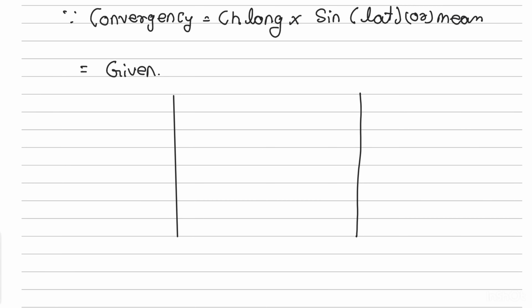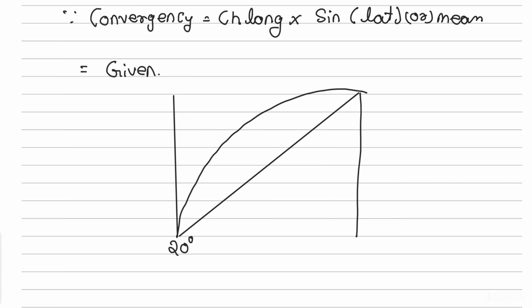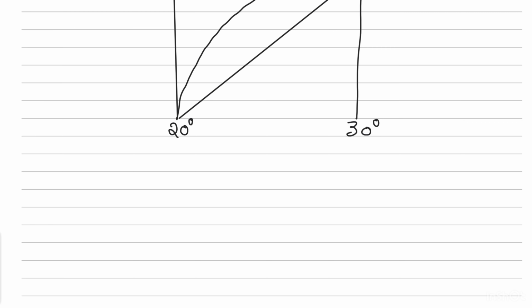So these are the two longitudes given to us. The convergency is on north, so the curve will be coming upwards. There's 20 degrees and 30 degrees, so in total it went to 50 degrees. So we have 50 degrees of our change of longitude.